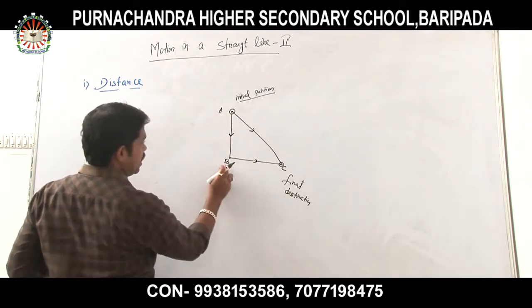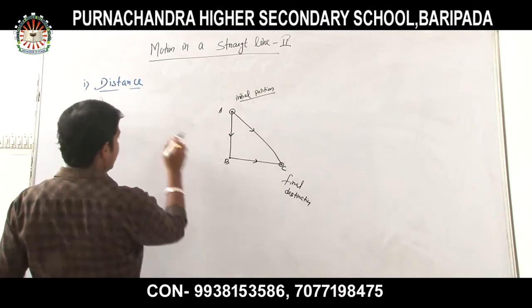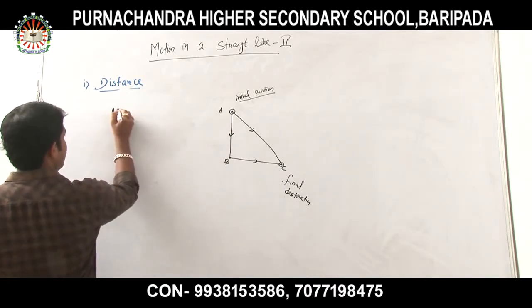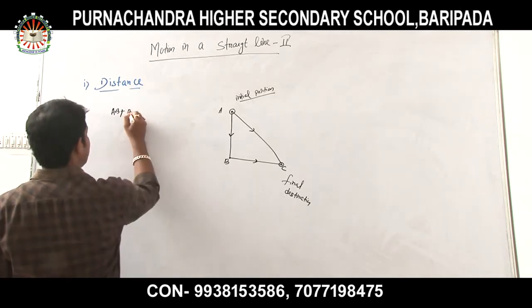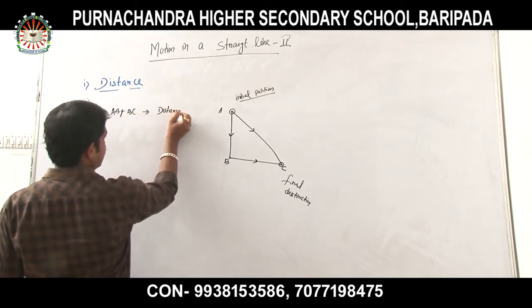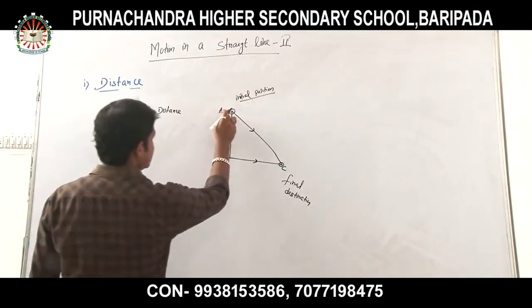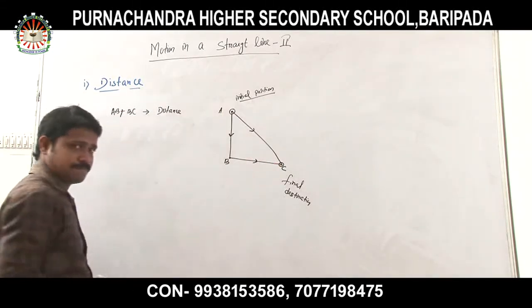From A to B, B to C. Clear? So that means AB plus BC gives me the distance from A to C.